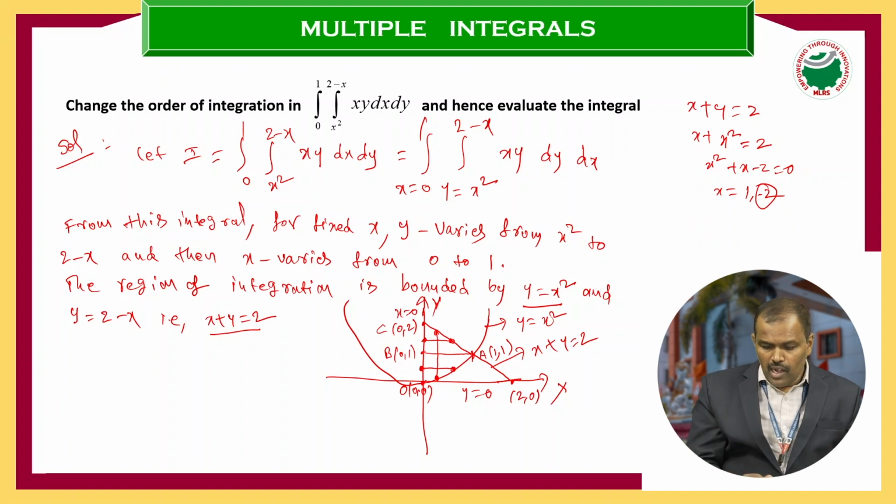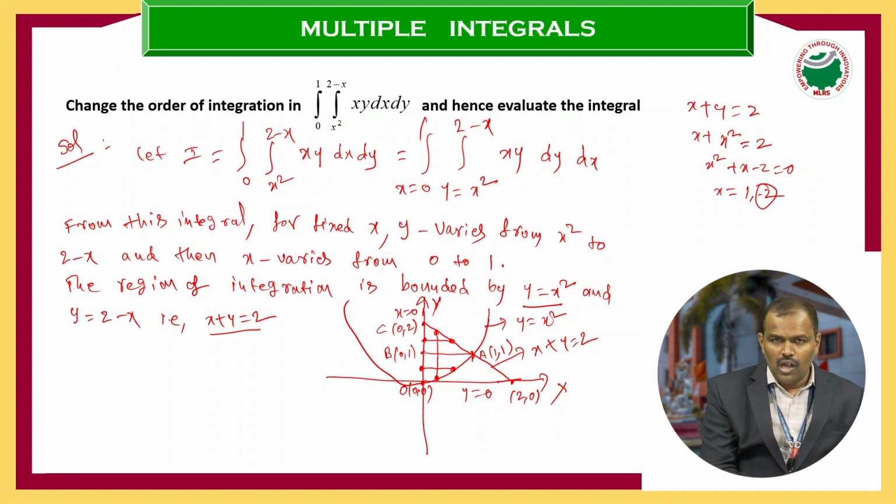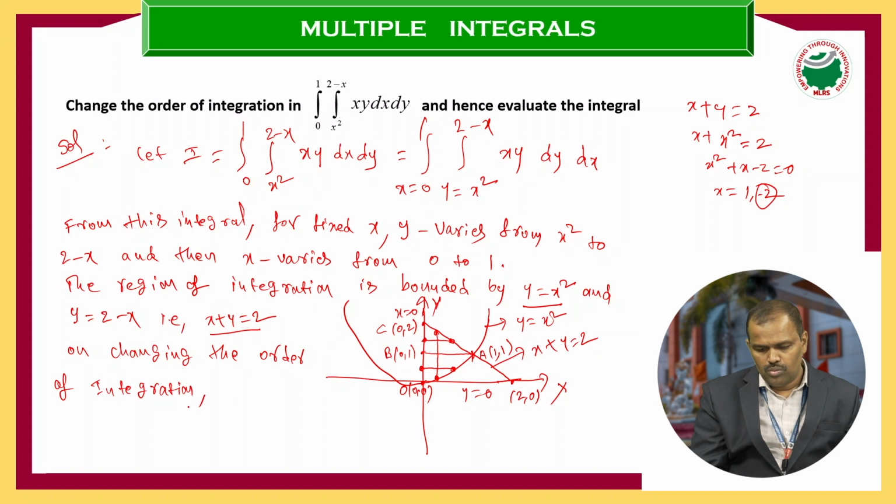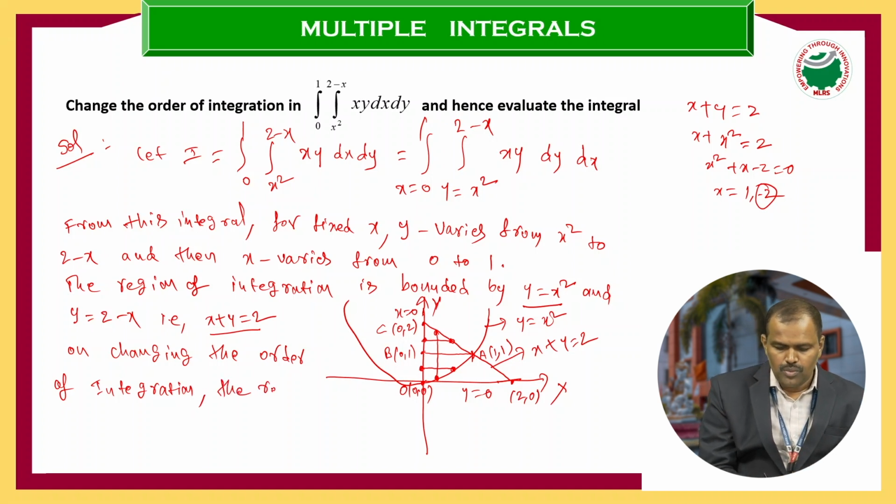So here, on changing the order of integration, the region of integration is represented by a horizontal strip.